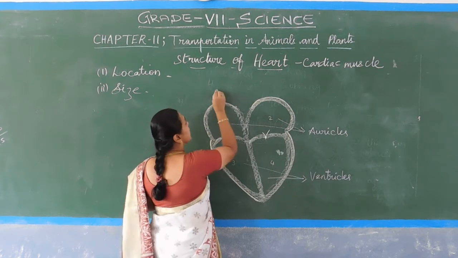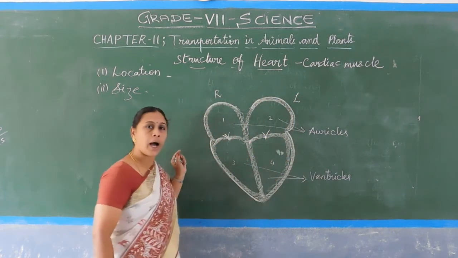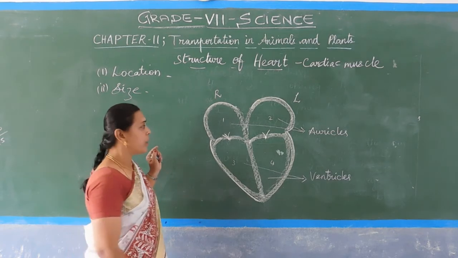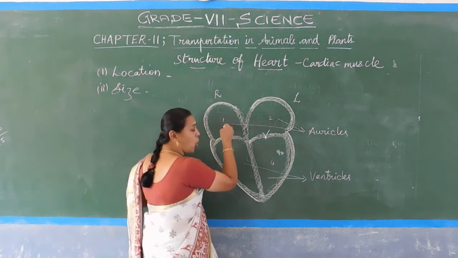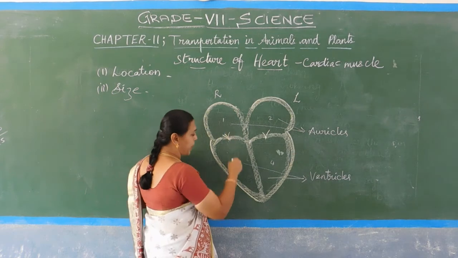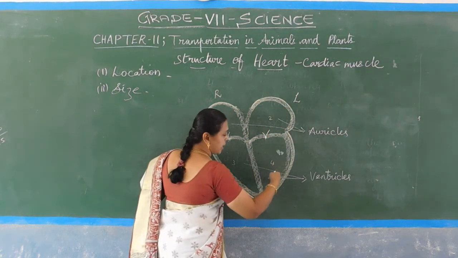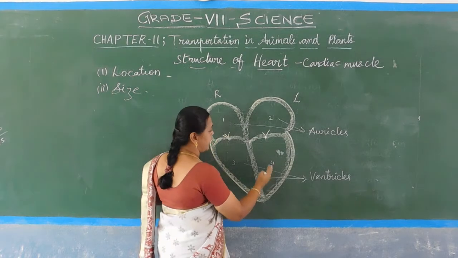This is the right side of the heart and this is the left side of the heart. The right auricle and the right ventricle are separated, and the left auricle and the left ventricle are separated.